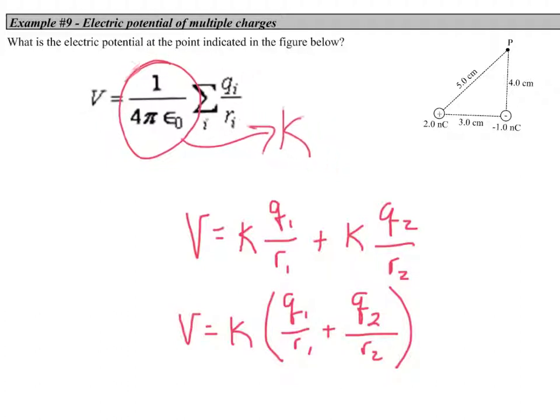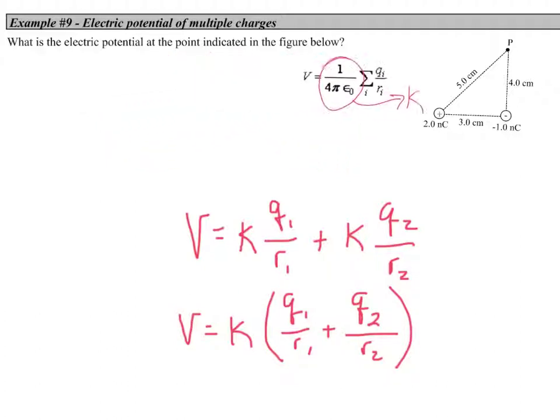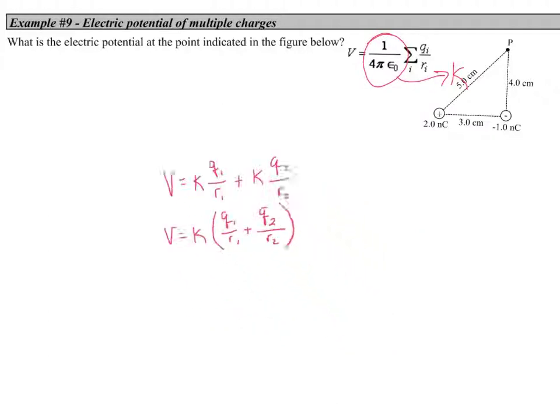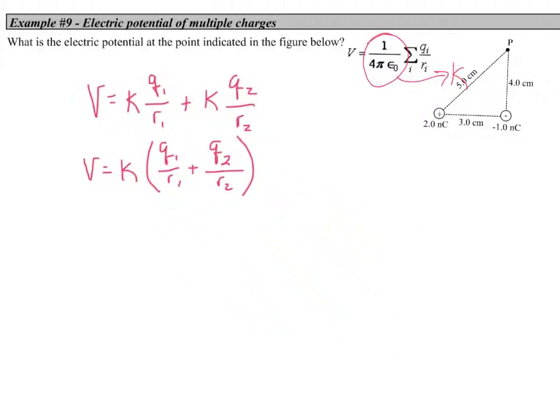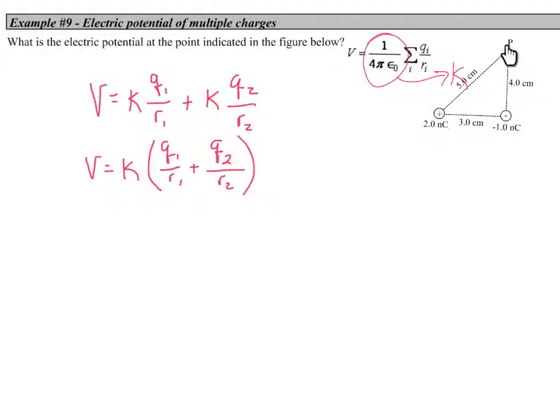So we can see right from the start that this is a whole lot simpler than dealing with Coulomb's law or finding the electric field at a point, because this is a scalar. It's just the algebraic sum of the electric potentials at all of these points. We don't have to worry about splitting components or doing vector resolution or anything like that. We're just going to add up the electric potentials from these charges at that point.